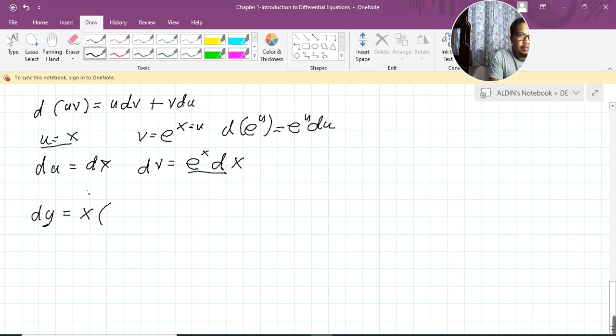Kailangan natin dito is u dv. Tapos v du. So, ang dv natin is e raised to x dx plus v. What is your v? V is e raised to x. E raised to x multiplied by du.